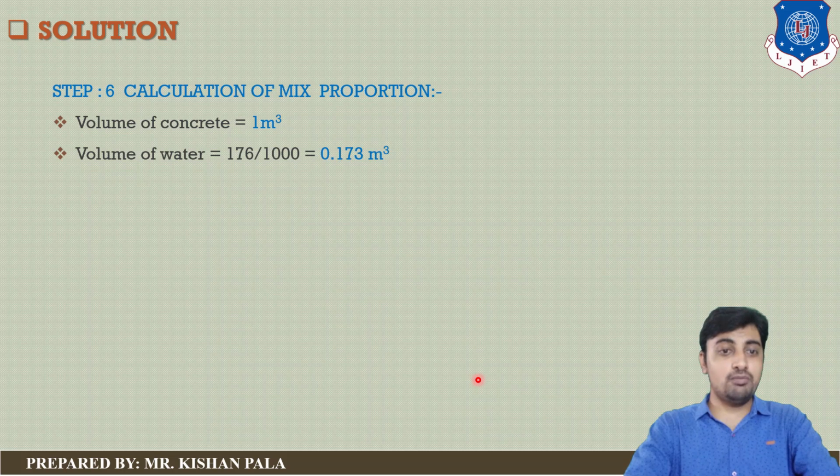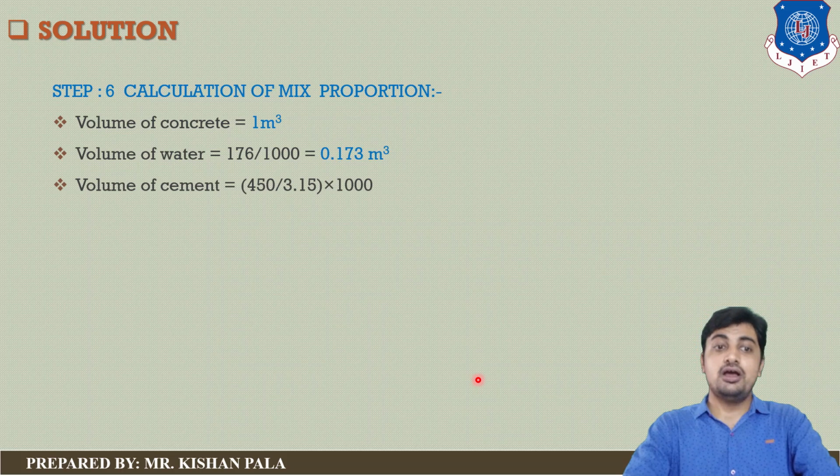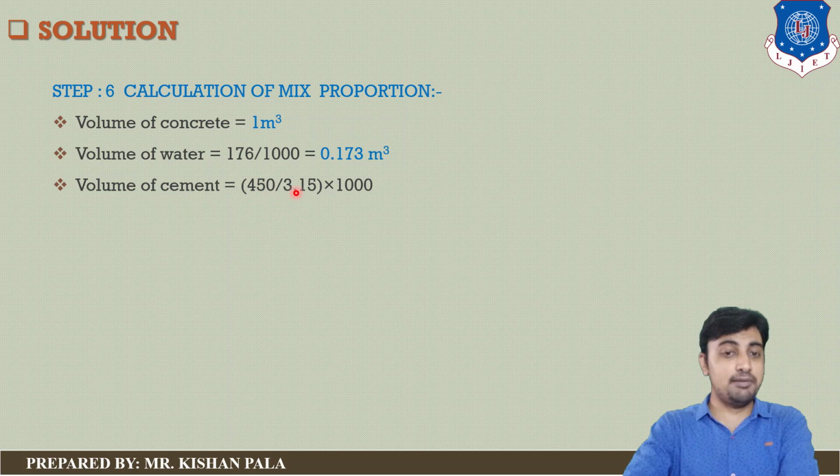So our volume of water will be 0.173 meter cube, and our cement volume will be 450 divided by 3.15, where 450 kg is the mass of the cement and 3.15 is the specific gravity of the cement.